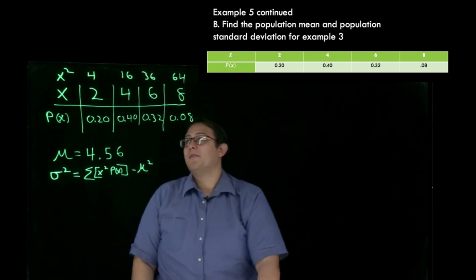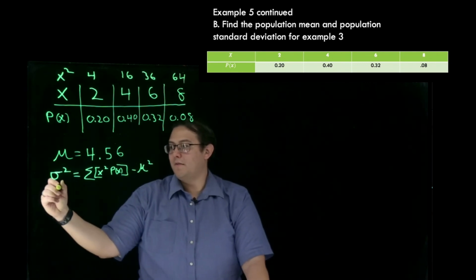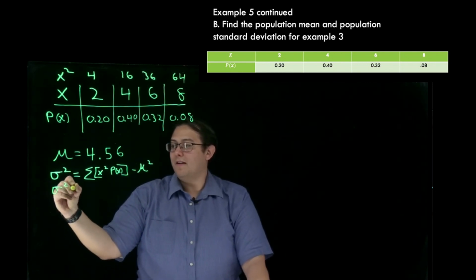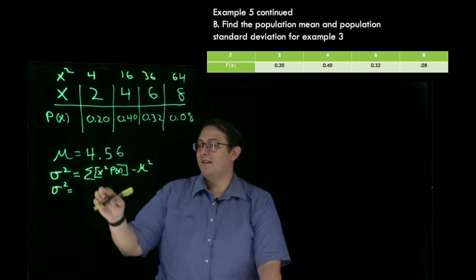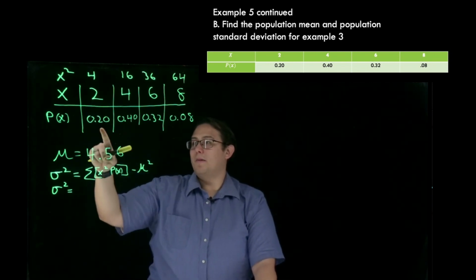It's right there. So our sigma squared, the population variance, is going to be, so you take the x squared and times it by the probability.